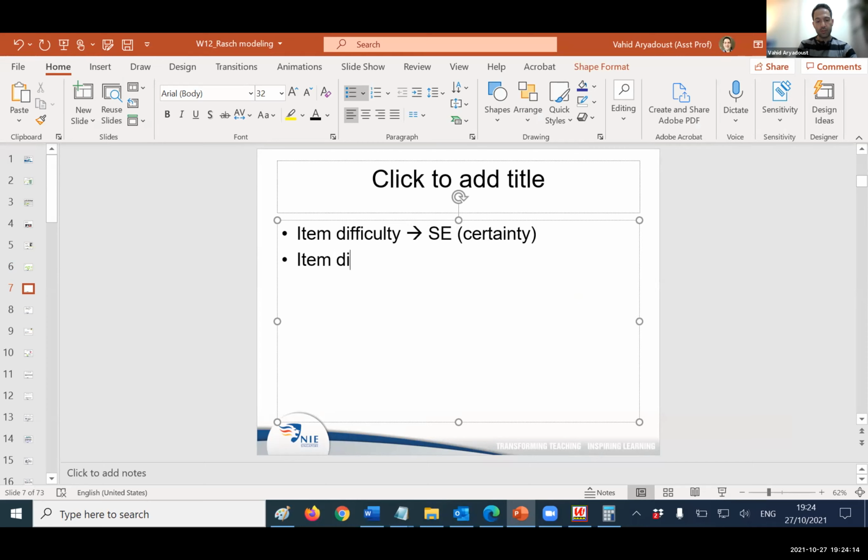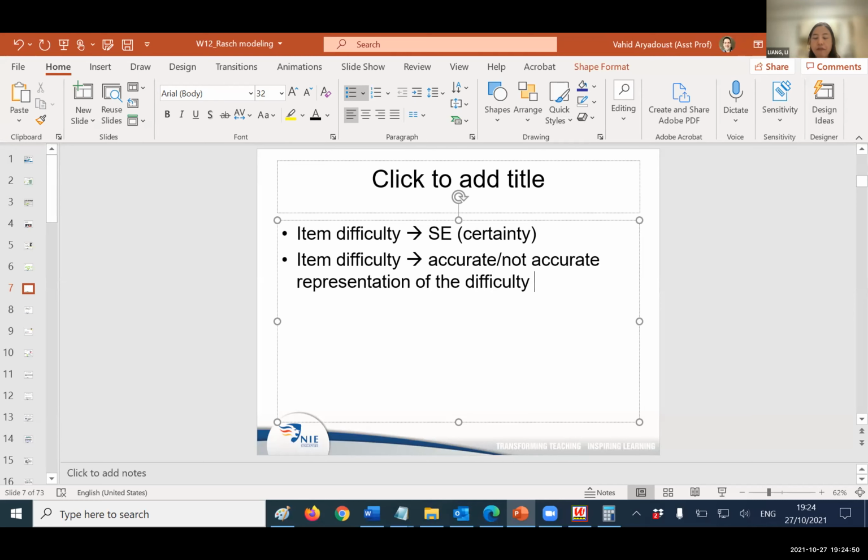Item difficulty can also be an accurate or not accurate representation of the difficulty. What does it mean?